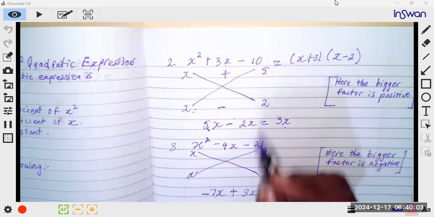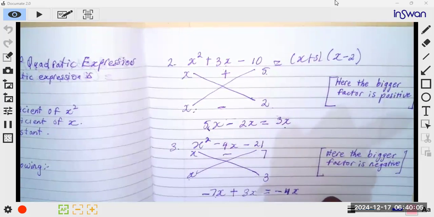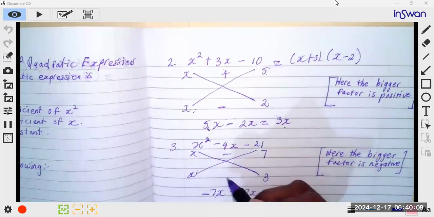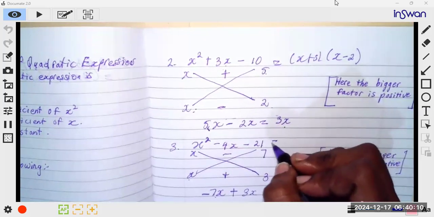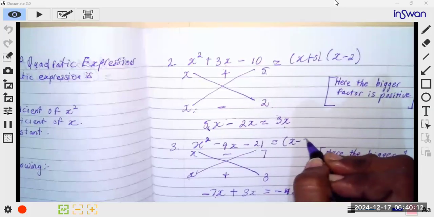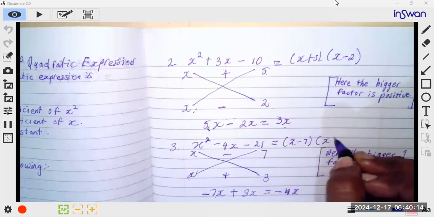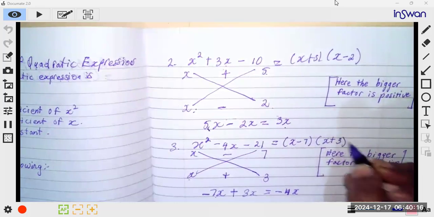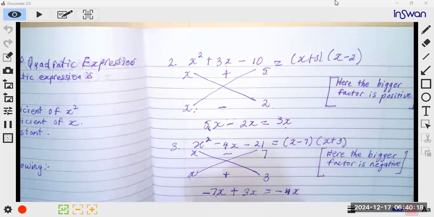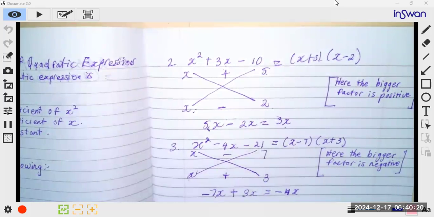Negative. And what sign in front of the 3? Plus. So your final answer will be x take away 7 by x plus 3. And that's the third example.